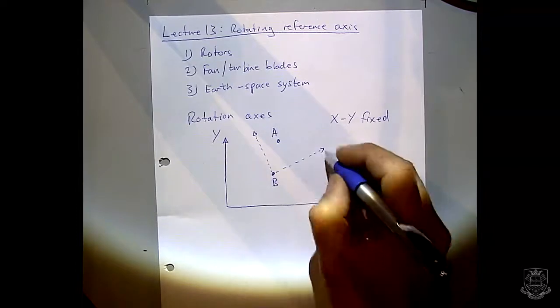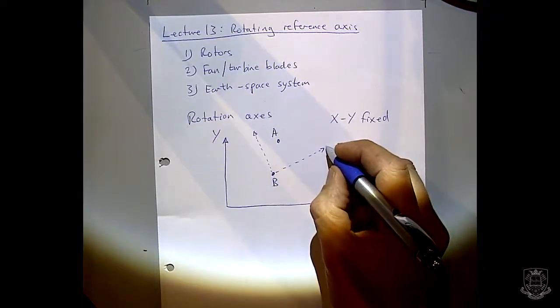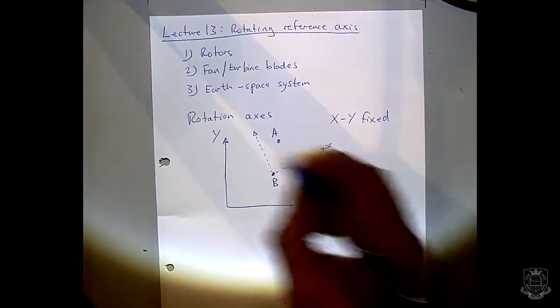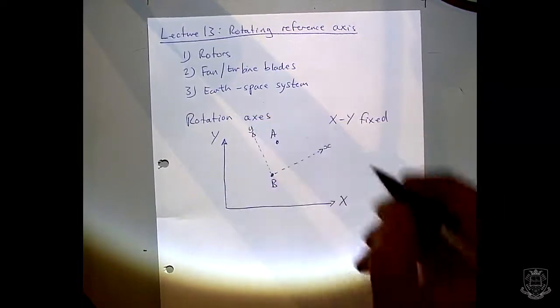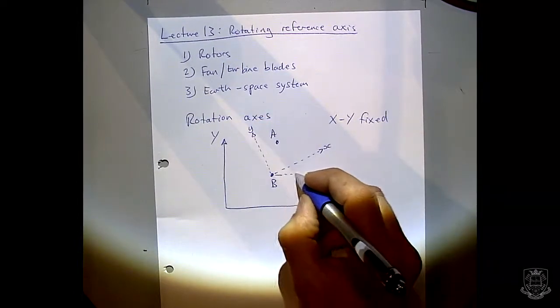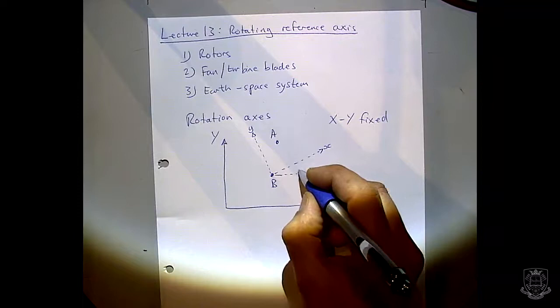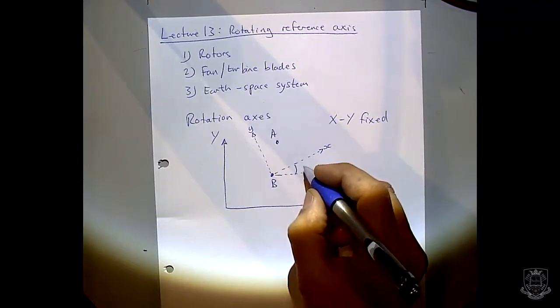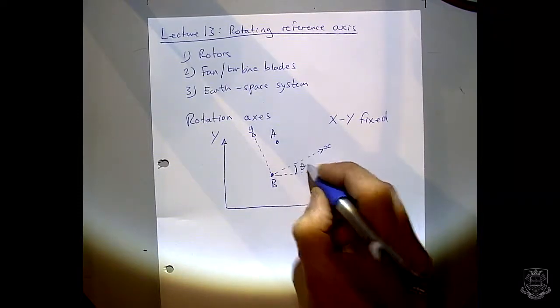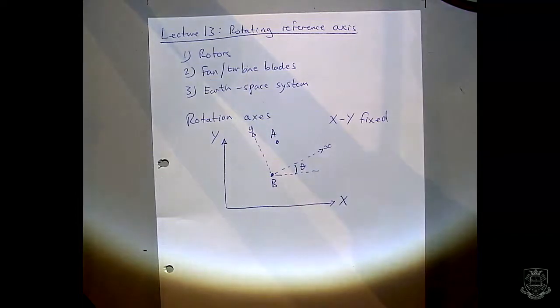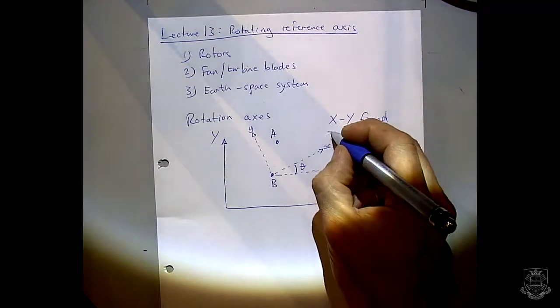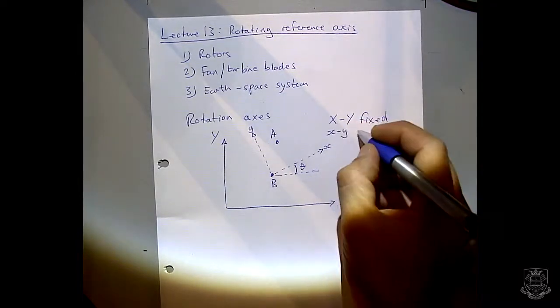Okay, so we're going to call these coordinates small x and y. And this is rotated with an angle theta. So we've got small x, small y are rotating.